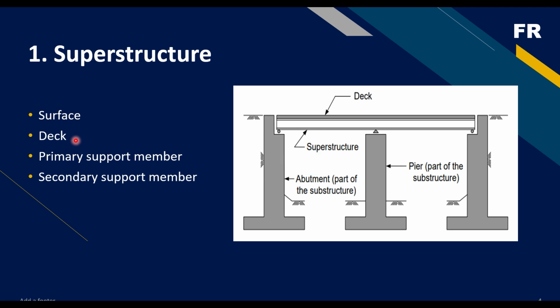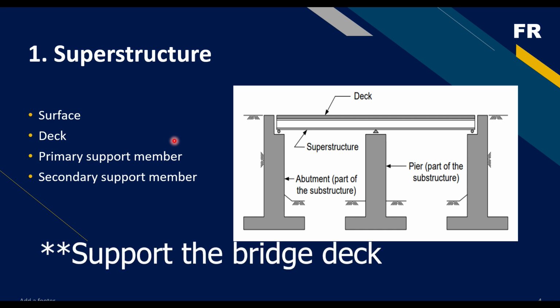The deck is the slab that serves as the actual base. If you look at this image, you see the deck. This is the slab that serves as the base. Then we also have the primary support member. The primary support member is the actual member that supports the bridge.